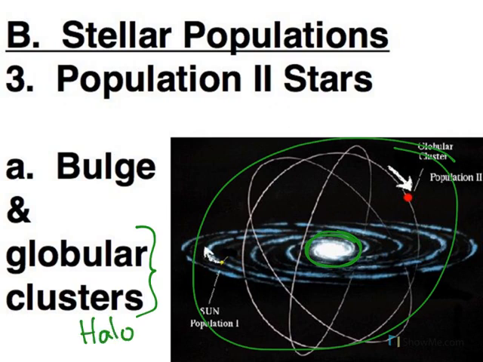So the halo and the central bulge have a lot of things in common. And in many ways, the central bulge is kind of like one giant globular cluster. So it's not surprising that you're going to have similarities between what's found here in the bulge and what's found out here in the halo in the globular clusters.